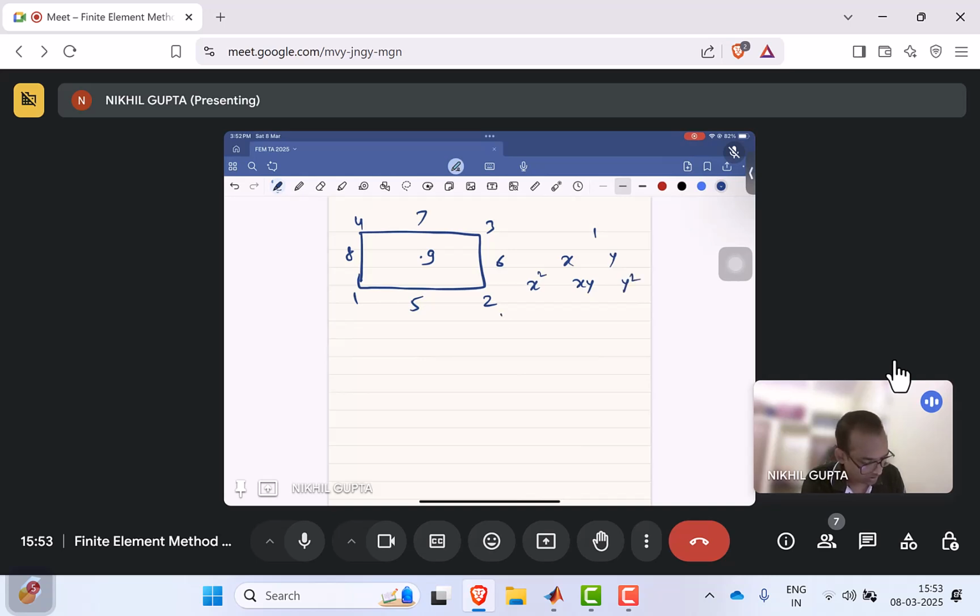And then x cube, x square y, xy square, and y cube. Okay, tell me the approximate function for completeness and convergence. So tell me how many terms will be there in this approximate function.